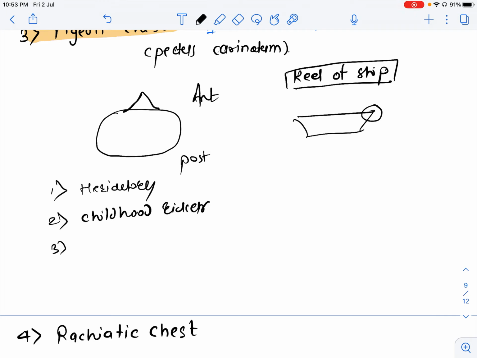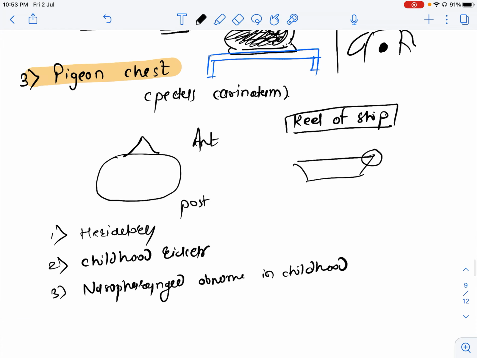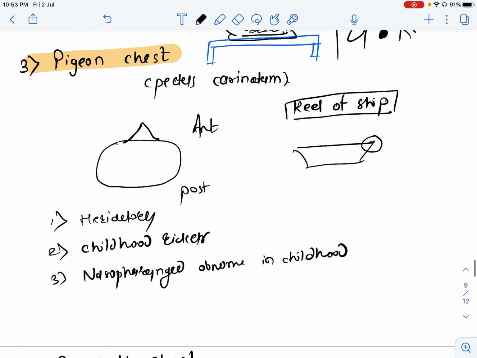Then, if there is any kind of nasopharyngeal abnormality in childhood. So what happens is actually when you have an upper respiratory tract obstruction, you will have some kind of inspiratory issues.